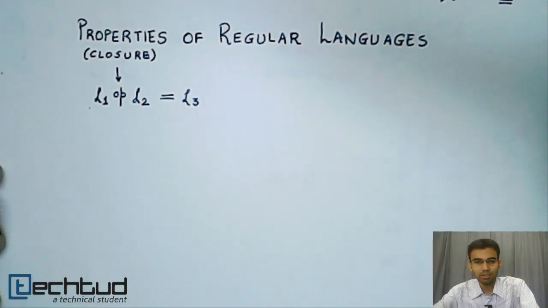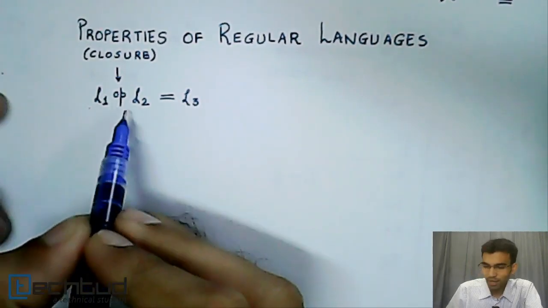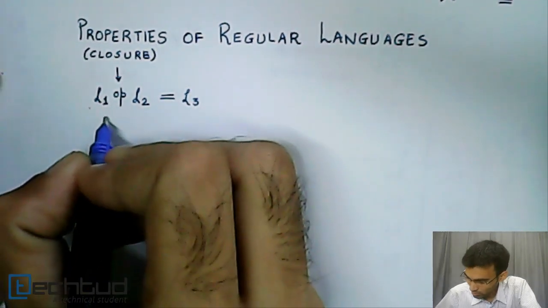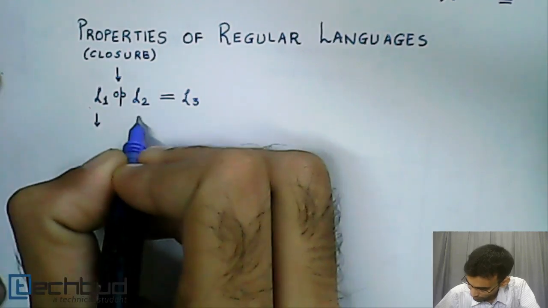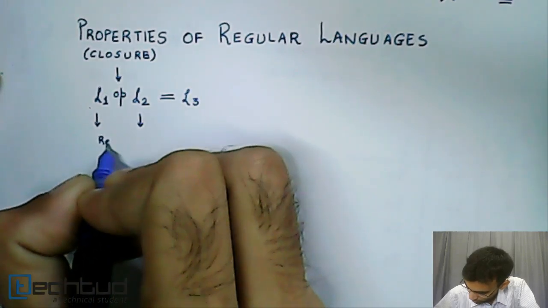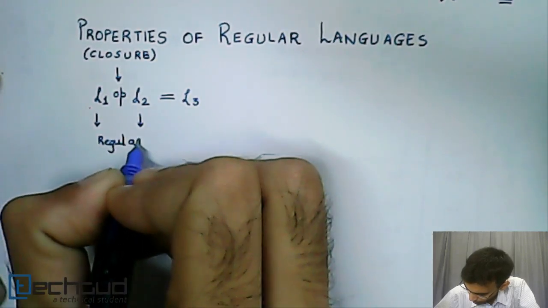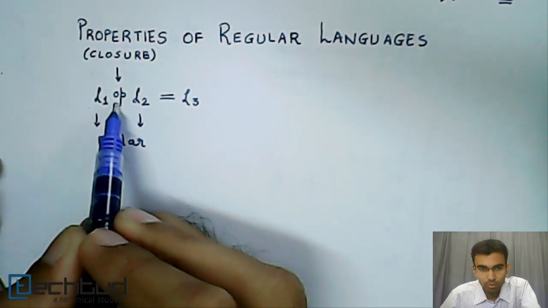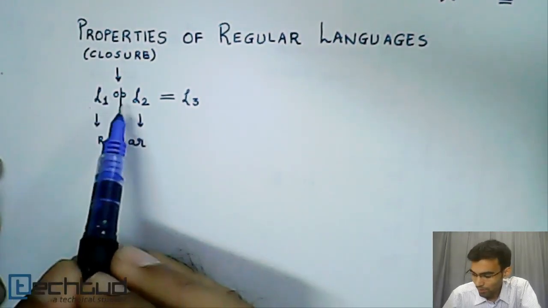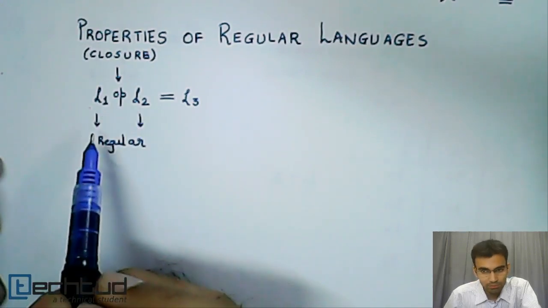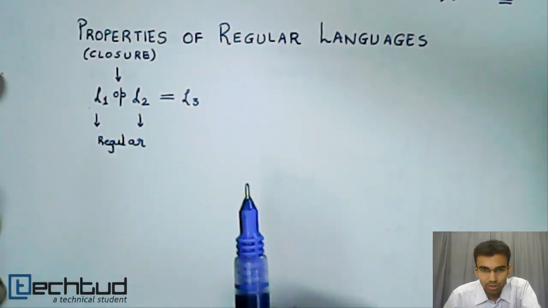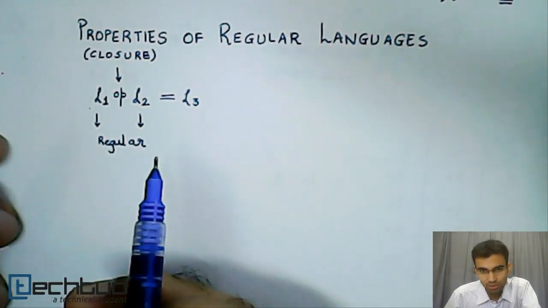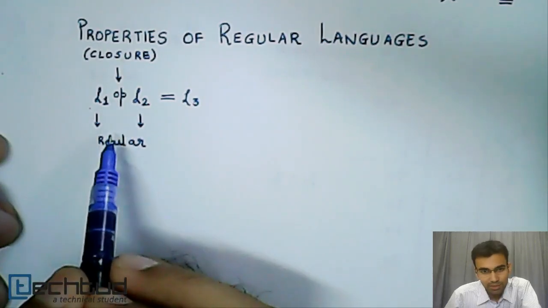Closure here means that if I take two languages that are both regular, L1 and L2, and perform an operation OP on them, where OP can be a union operation or an intersection operation, then OP is a binary operator.